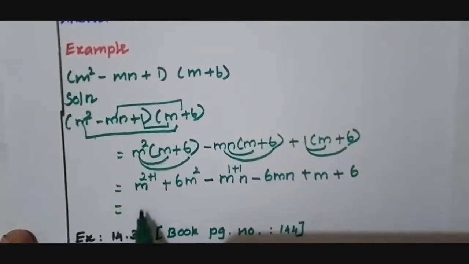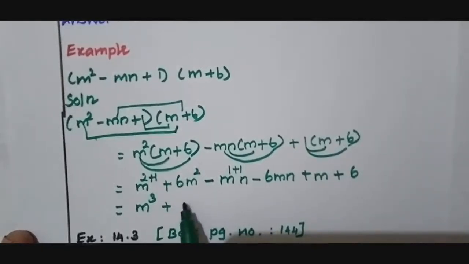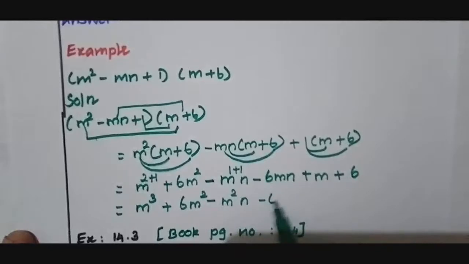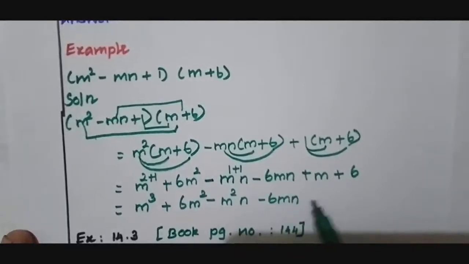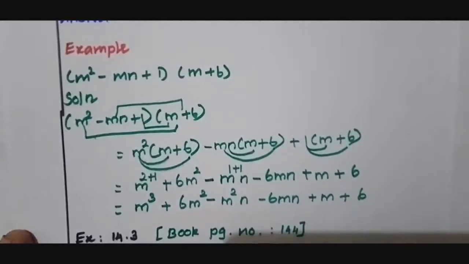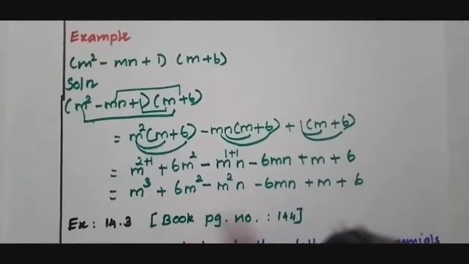Which is equal to m cube plus 6m square minus m square n minus 6mn plus m plus 6. These are all different terms.